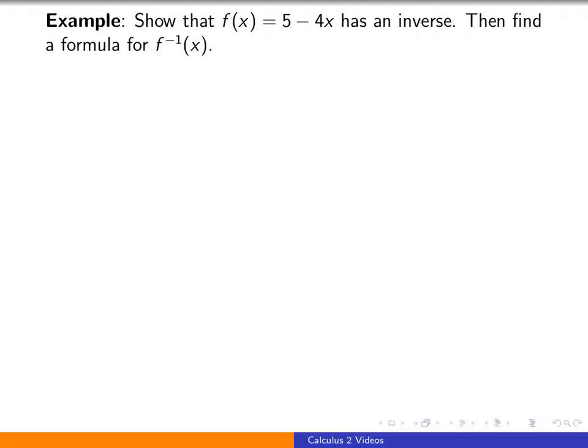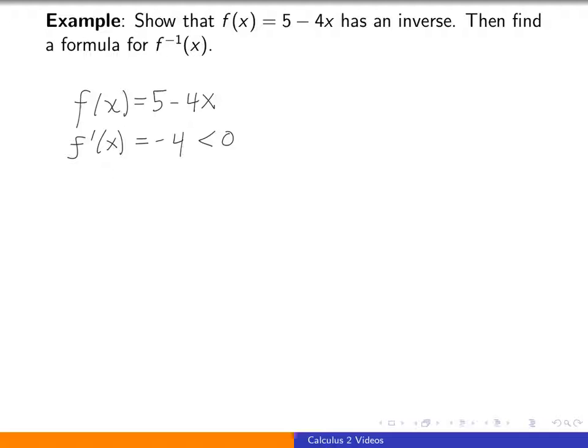Let's show that the given function has an inverse, and then go ahead and find a formula for that inverse. So our function is f(x) = 5 minus 4x. So f prime of x in this case is minus 4. And regardless of the input, our domain is all real numbers.